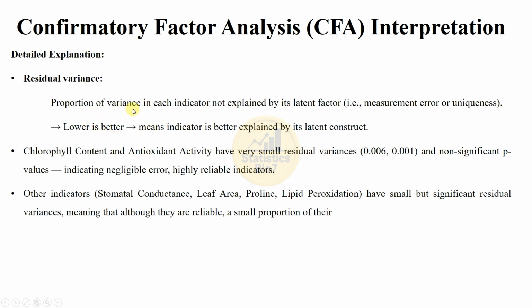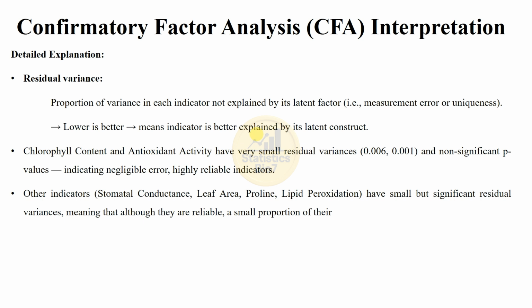The residuals are the proportions of variation in each indicator not explained by its latent factor, the measurement error or uniqueness. The lower the value, the better the indicator is explained by its latent construct. The chlorophyll content and antioxidant activity have very small residual variations, 0.006 and 0.001, with non-significant P values, indicating negligible error and highly reliable indicators.